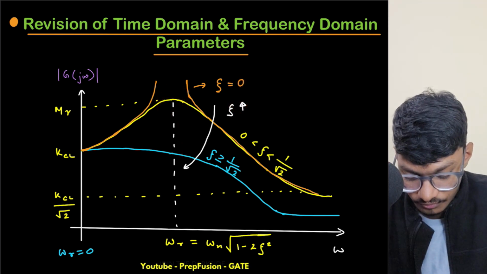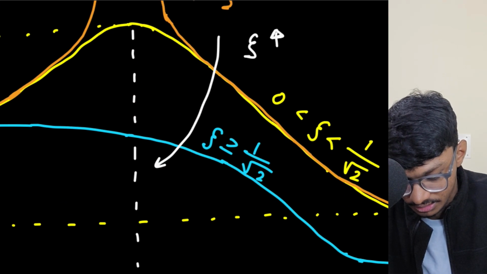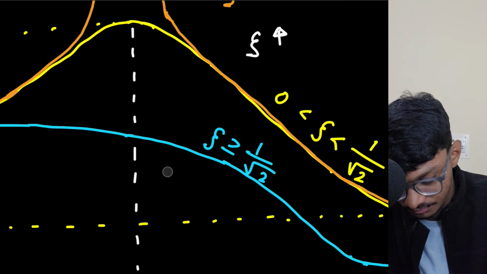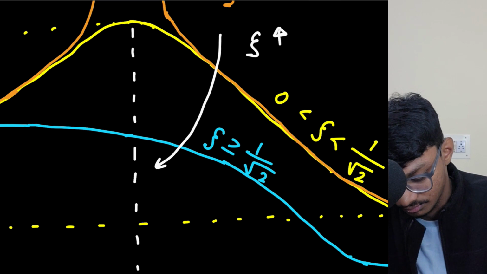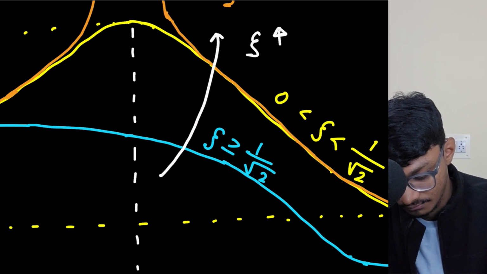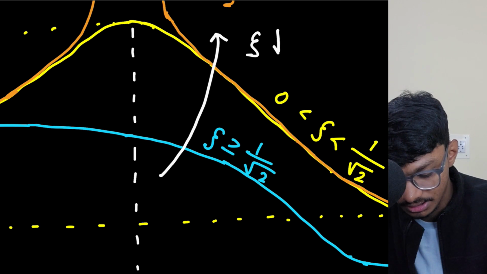So as I'm moving this side, my zeta is reducing. I should write it like this, this will be much better to understand. Just hold on a second.